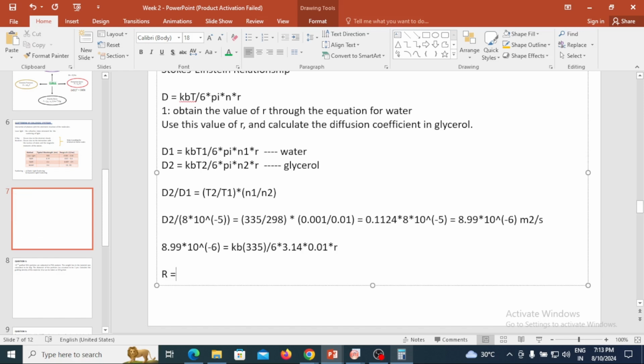So R will be nothing but 1.38 times 10 to the power minus 23 times 335 divided by 6 times 3.14 times 0.01 times 8.99 into 10 to the power minus 6.